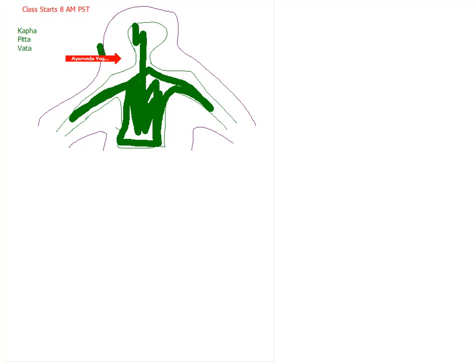So think of it this way. This is my way of making you understand this, and I'm sure there are other explanations too. But Kapha is present as what? In the physical body, and then you have your energetic body here, right?